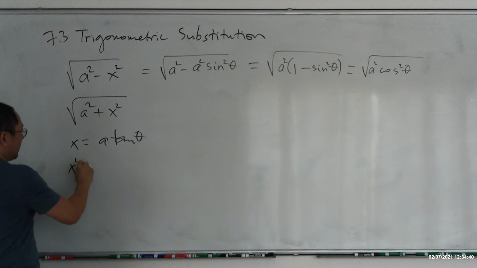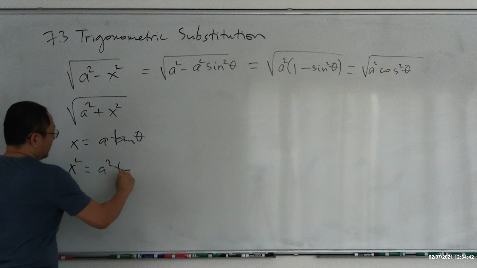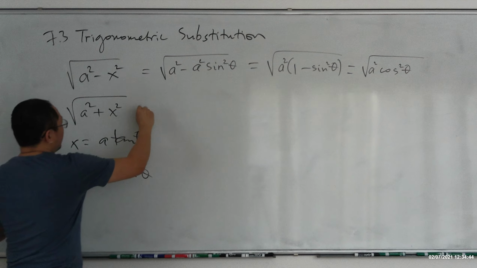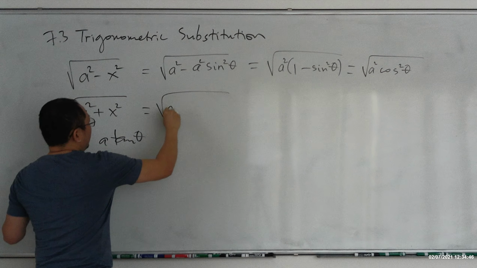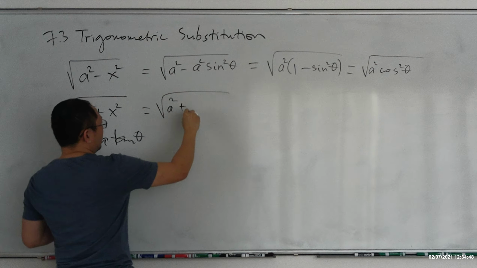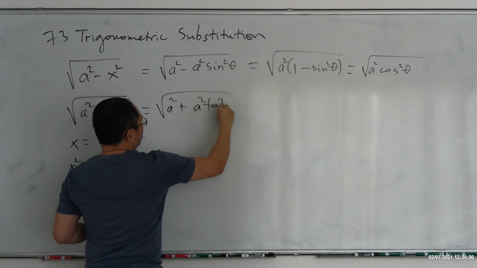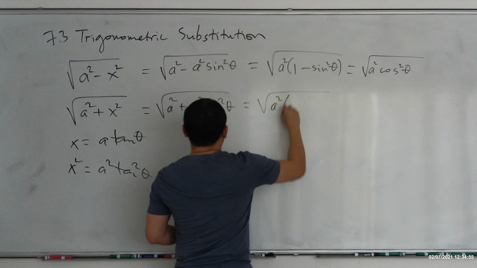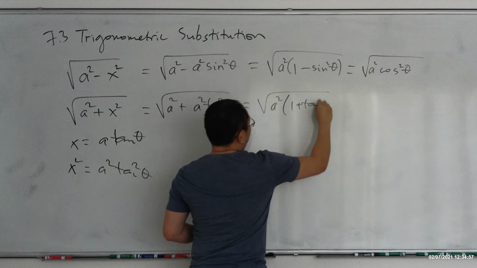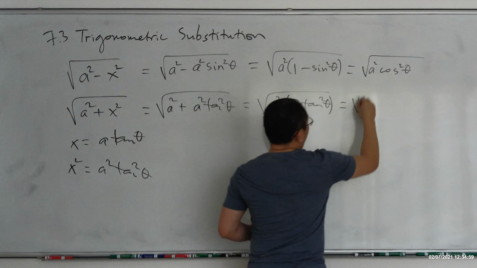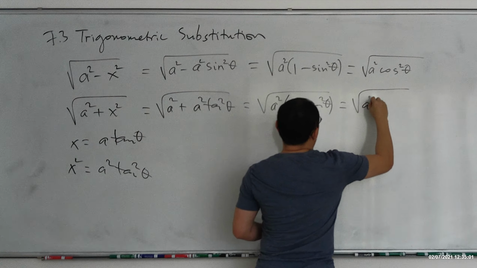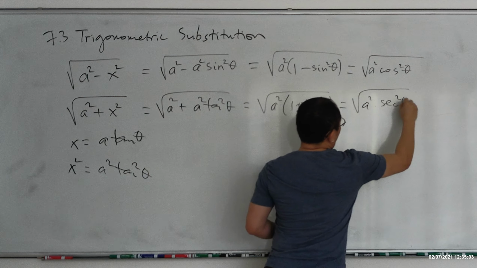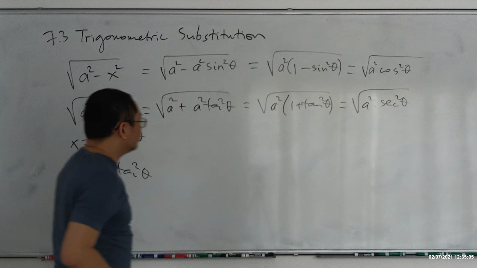Then x squared is equal to a squared tangent squared theta. So this becomes the square root of a squared plus a squared tangent squared theta, which is the square root of a squared, factor out, 1 plus tangent squared theta, which is the square root of a squared times secant squared theta, and it's a secant.